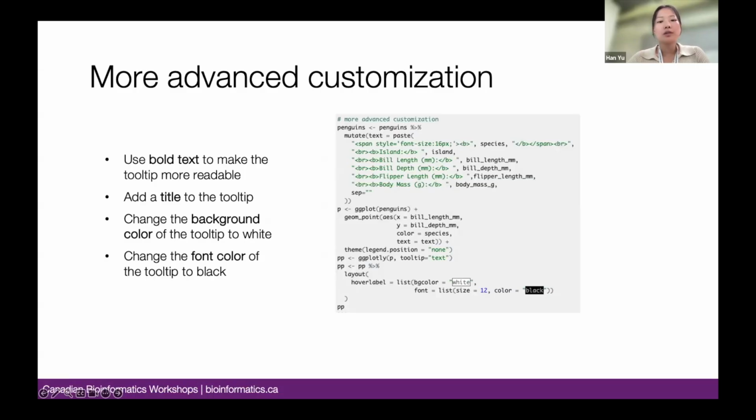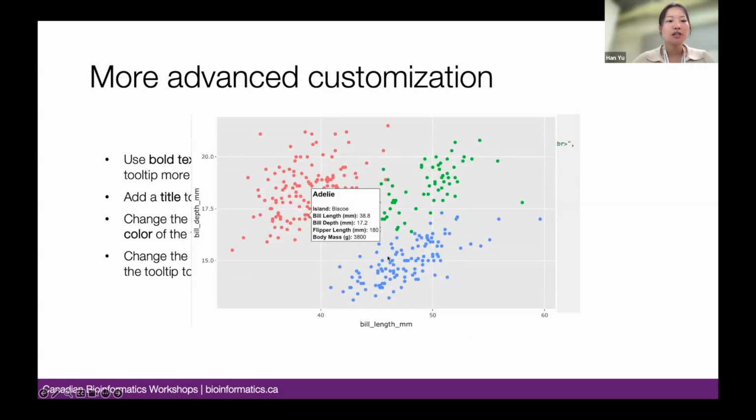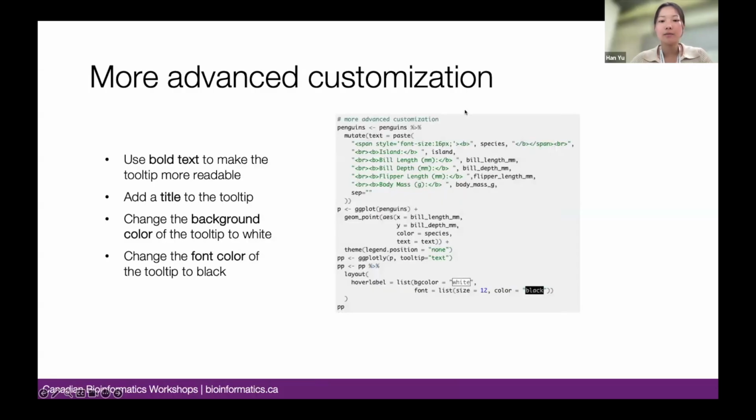To make the tooltips even more readable and visually appealing, we can customize their appearance using HTML formatting and adjust the hover label styling in the layout function. For example, we want to change the style of the tooltips to look like this. We can simply apply the HTML tags to format the text, making key details stand out.